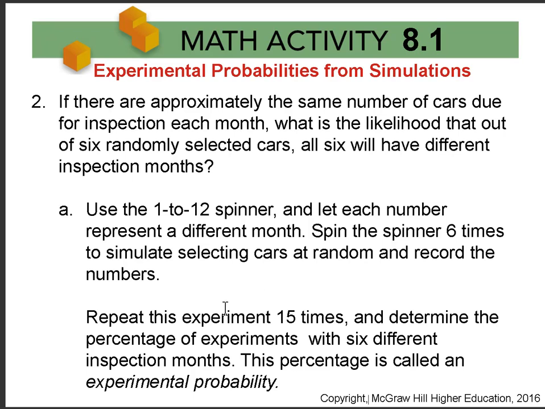And repeat this experiment 15 times and determine the percentage of experiments with 6 different inspection months. This percentage is called our experimental probability. If you're working in a team, that's a lot of spins, so you might split the work up.